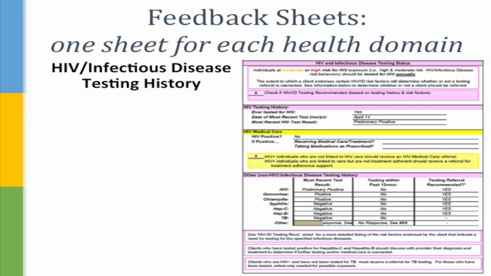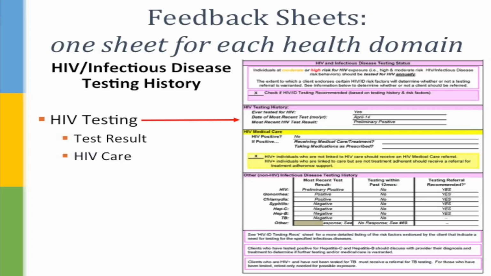The next piece focuses more on testing, and whether the individual has received HIV testing recently, whether it was positive or not, and whether they are in care. You get to know something about their HIV testing history.